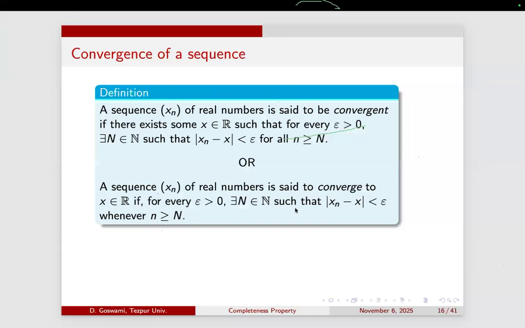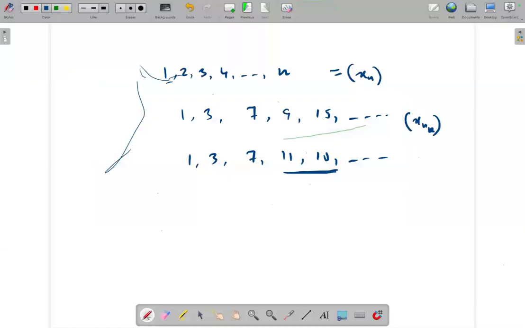Convergence of sequence. By convergence of sequence, we mean xn is a sequence and there exists some real number x, and we say that given epsilon greater than 0, so we have some positive epsilon fixed. With this epsilon in mind, we say that this happens: mod of xn minus x is less than epsilon when your n is greater than or equal to some n naught.